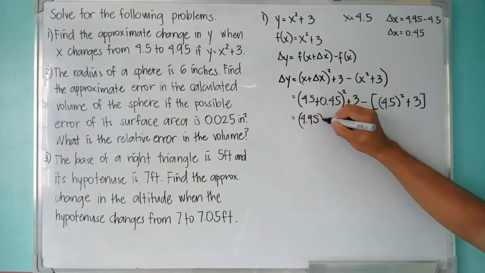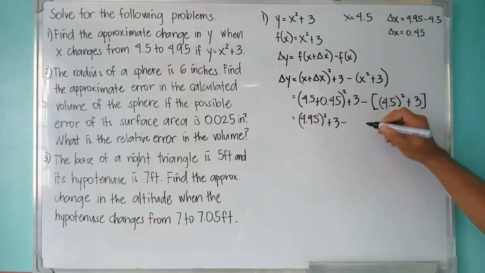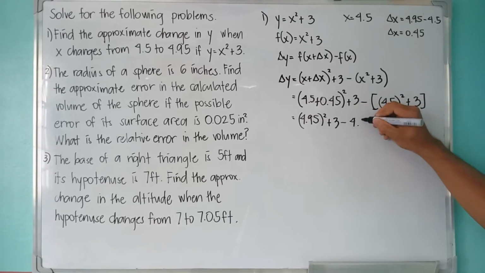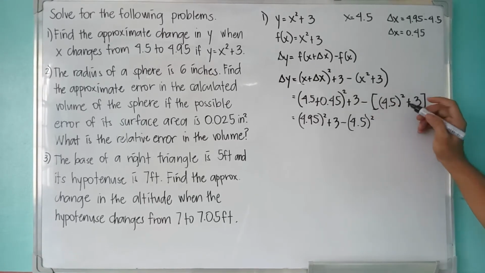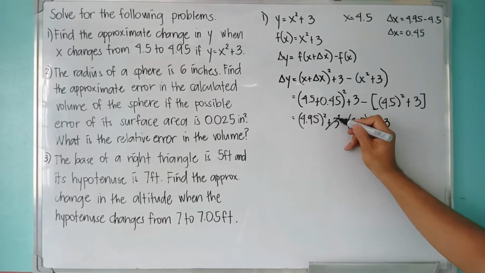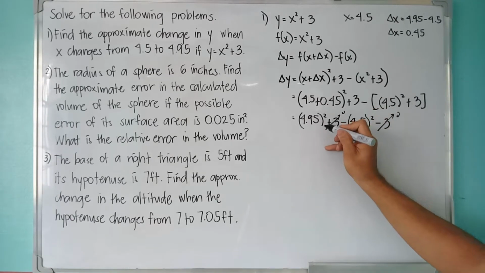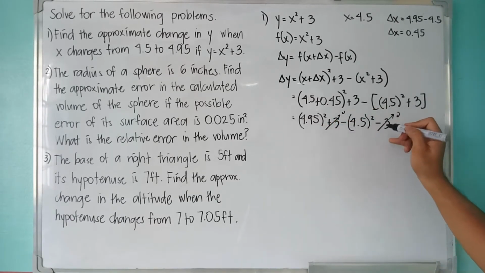So, 4.95 squared plus 3 minus 4.5 squared, di ba? Then negative times positive is negative 3, di ba? So 3 minus 3 is 0. So i-cancel ko na dito kasi 0 lang naman yan. So meron na lang tayo ngayon na 4.95 squared minus 4.5 squared.